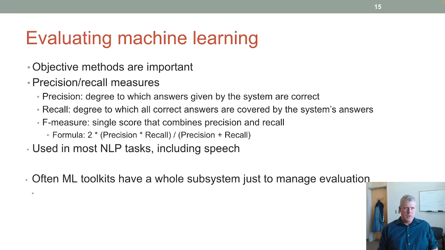Evaluating machine learning. It's important to be able to evaluate the usefulness or the accuracy of machine learning systems, so that you know if it's worth using, how well it would do out in the wild with new unseen data. Precision and recall and the derived F-score are really common measures that you'll see with machine learning, as well as with information retrieval systems, like searching through text, trying to find the past tense in English.